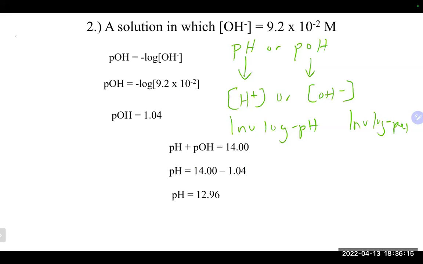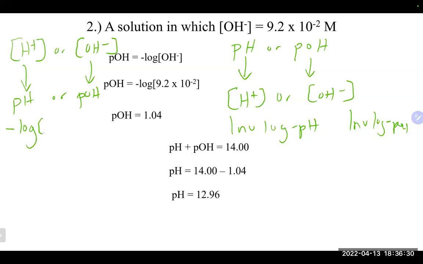If you have the opposite starting material, which is like you have the H plus or the OH minus, and you want to get either the pH or the pOH, that is the one where you've got to start with a negative log calculation.